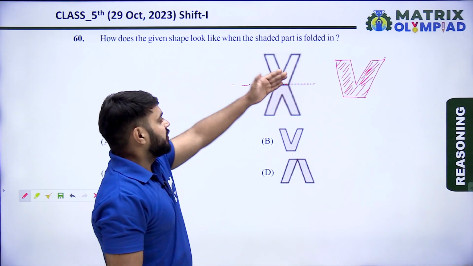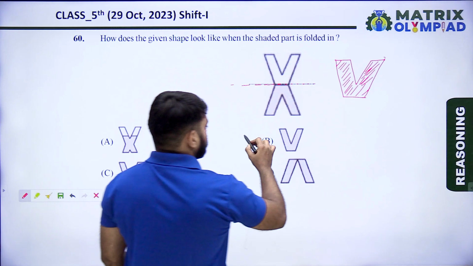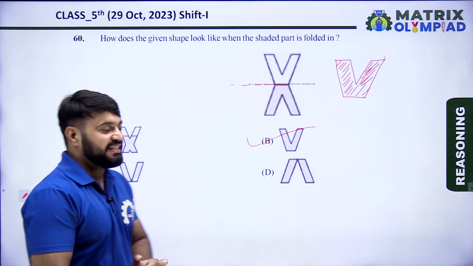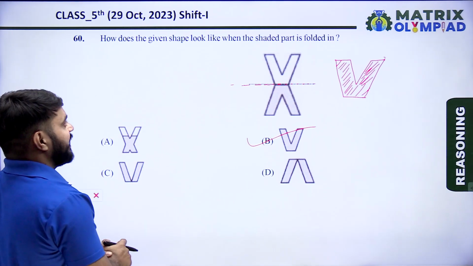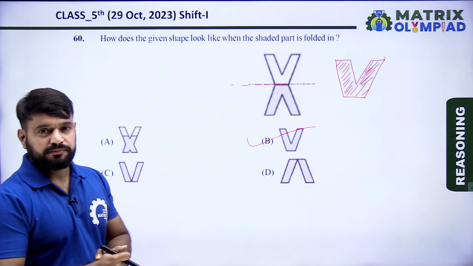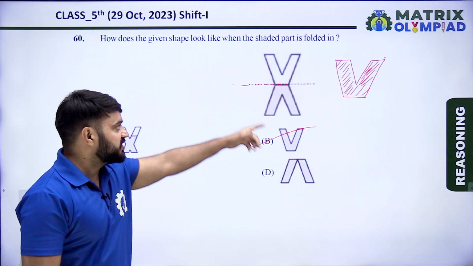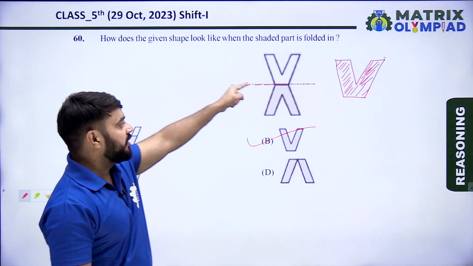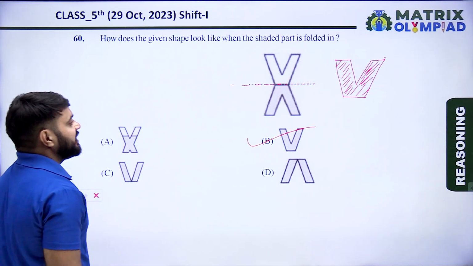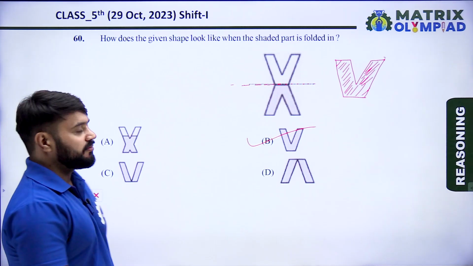So it means option B is the correct folded image along the dotted line. So here option B is the correct answer of this question.